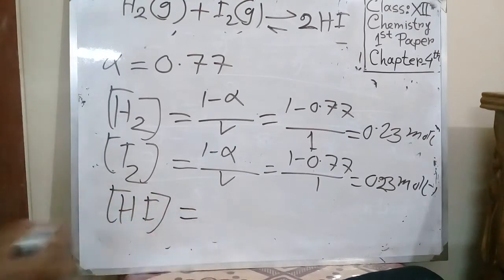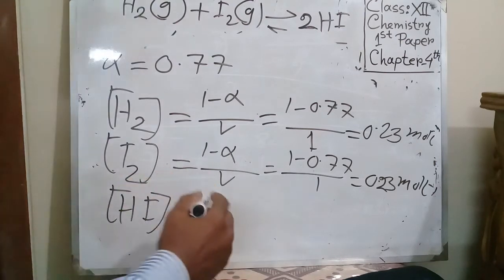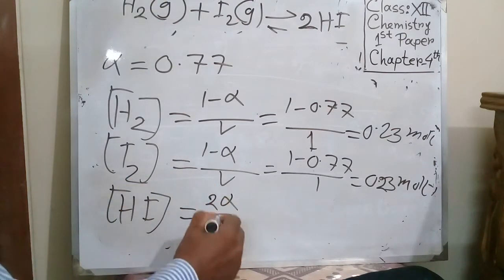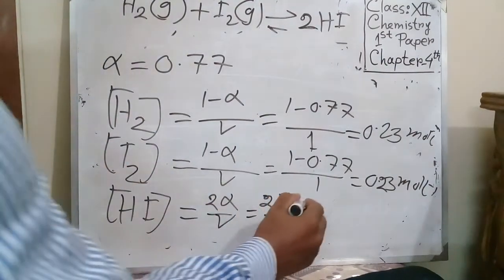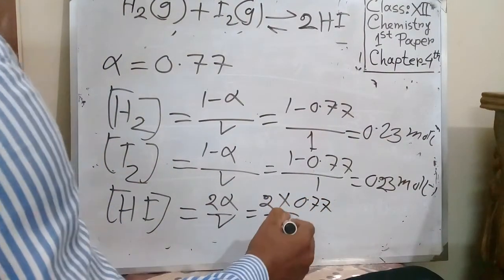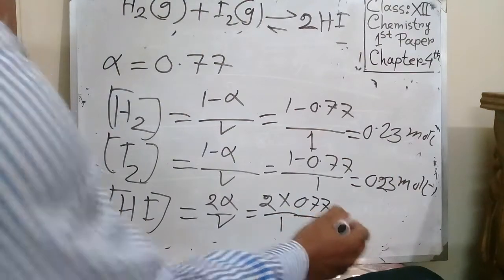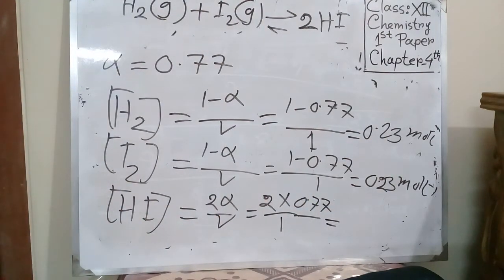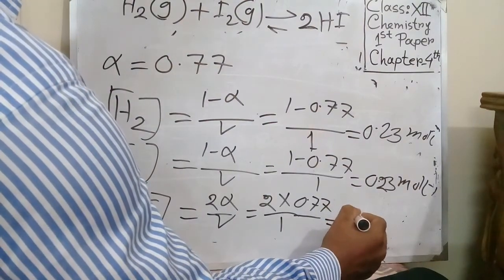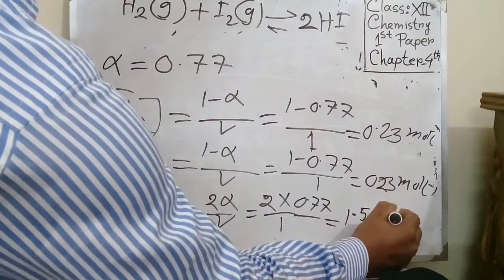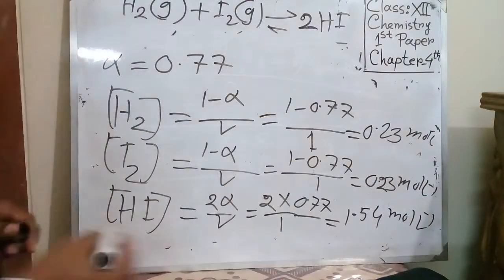Now there is another one left, hydrogen iodide. So what was the concentration? It was 2 alpha by B. So 2 multiplied by 0.77 divided by B equal to 1 liter. So if we multiply 2 by 0.77, we can get 1.54 mole per liter.